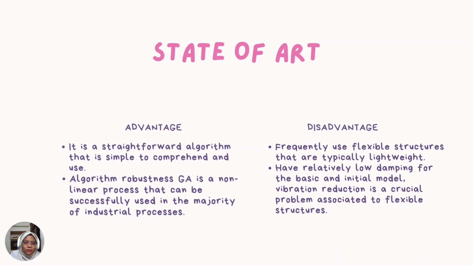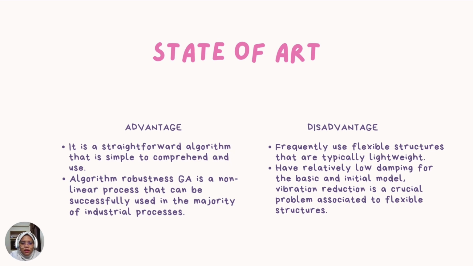Next, I will explain the state of the art. For the advantage, it is a straightforward algorithm that is simple to comprehend and use. The algorithm is robust; GA is a nonlinear process that can be successfully used in the majority of industrial processes.